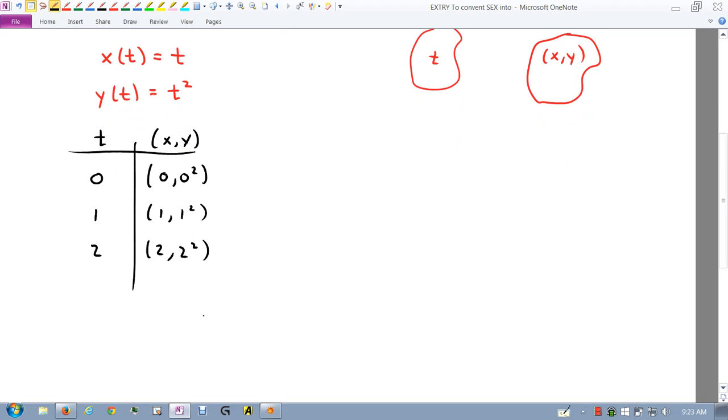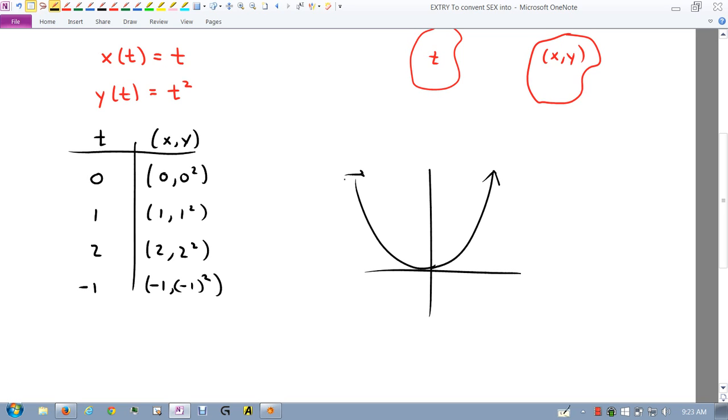All we've done, though, is we put the domain in the background like a clock that's running. That's what we've done. We've taken it off our picture, and we still draw the same exact graph. -1 goes in, you get -1, -1 squared, which would be -1, 1. So you can do it yourself. You know, I expect that you could do that, and it would draw the same exact picture. Understand?